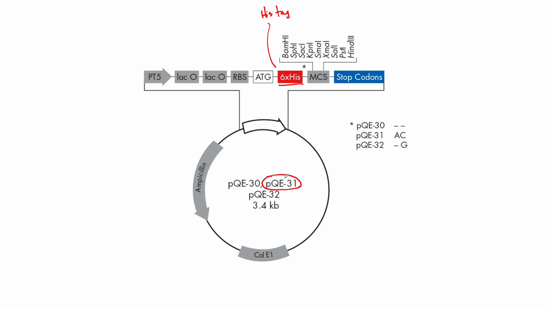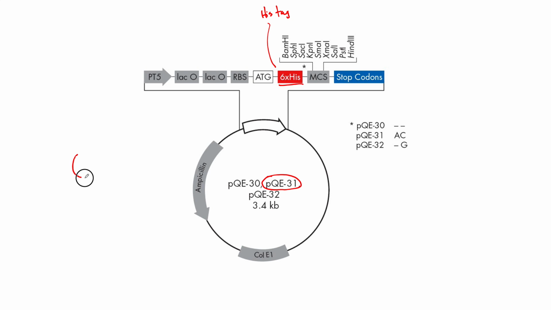But in general, it's useful and helpful to have a way to track that protein and be able to monitor that protein that we're expressing easily in cells. And so in many cases, the way we'll do that is attach a tag to that protein so that we can monitor it.